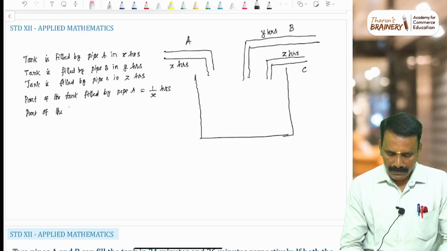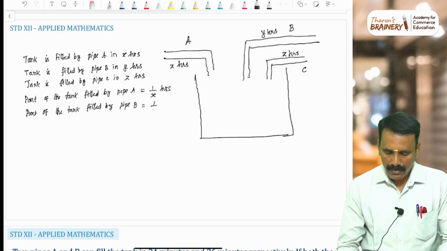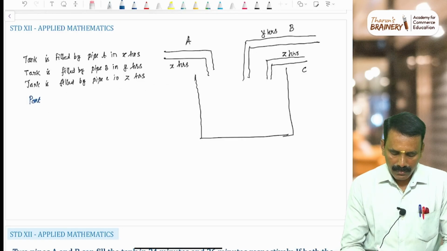Part of the tank filled by pipe B will be equal to 1 by y.